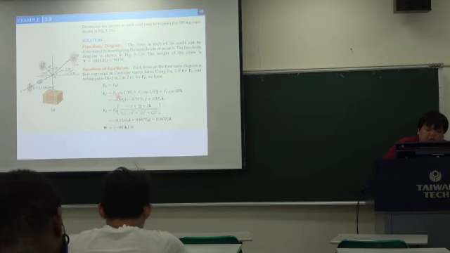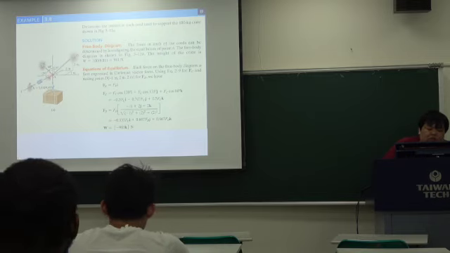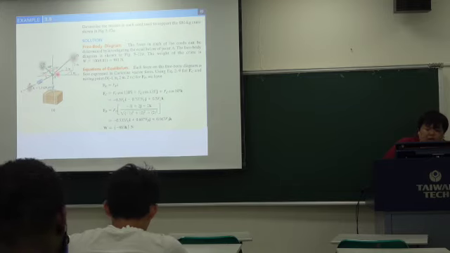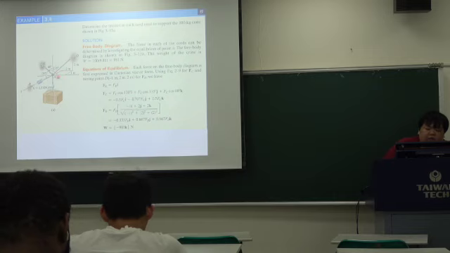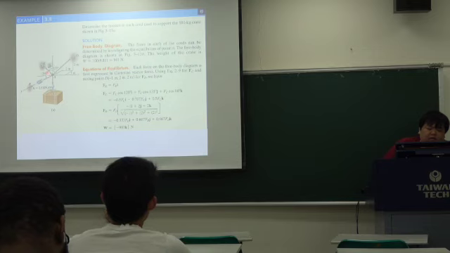So FC is equal to FC times cosine 120 degree i plus the FC times the cosine 135 degree j plus the FC times the cosine 60 degree k. Okay, so we can get this equation.